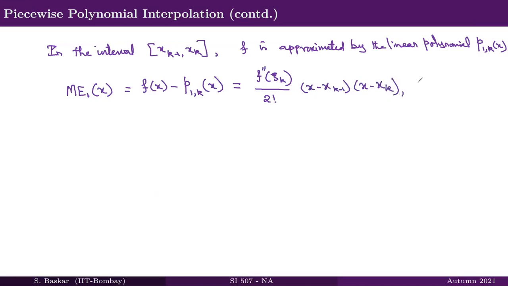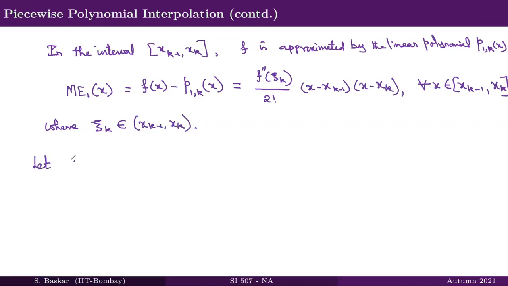And this holds for all x in the interval [xk-1, xk]. This is the error involved in the linear polynomial interpolation in one subinterval. Don't forget to mention where this xi k belongs to. Well, xi k is an unknown point between xk-1 and xk.